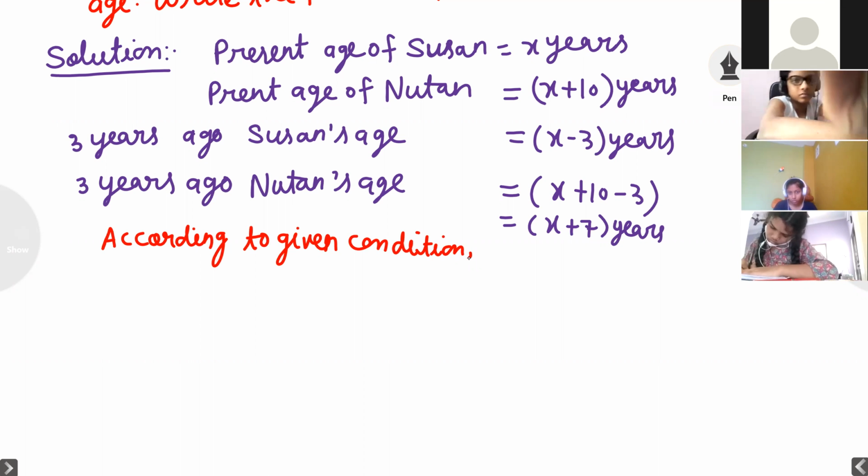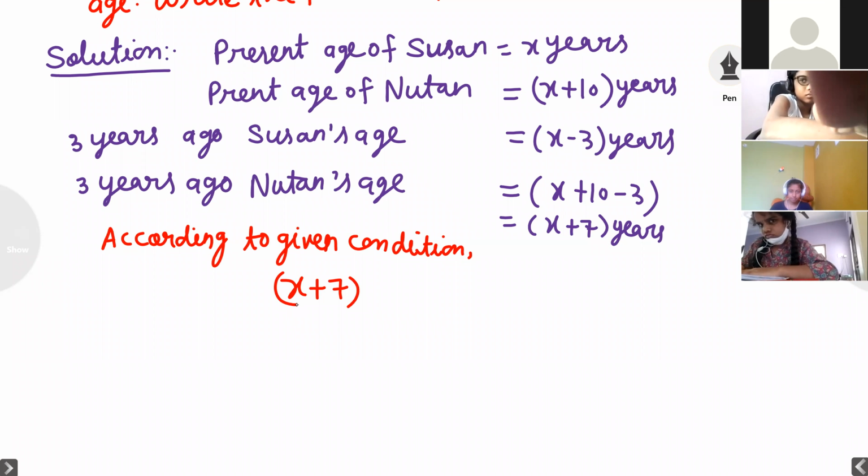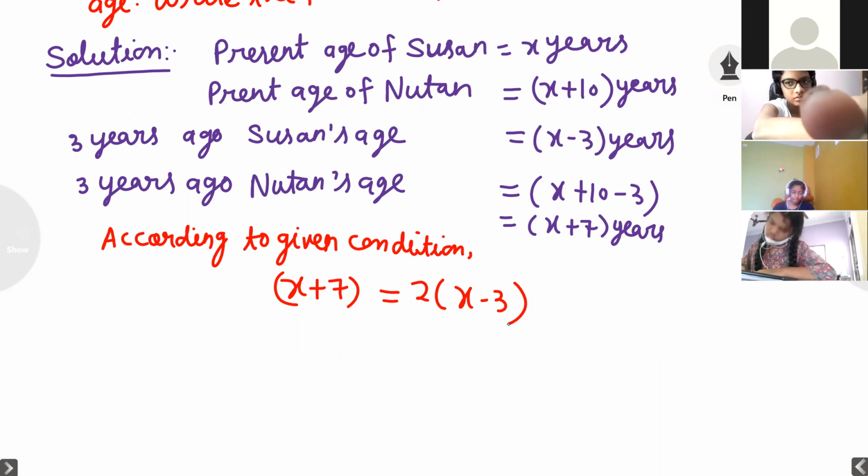It means x plus 7 is equal to twice Susan's age. This is the formula: x plus 7 is equal to 2 into x minus 3, or twice of x minus 3.